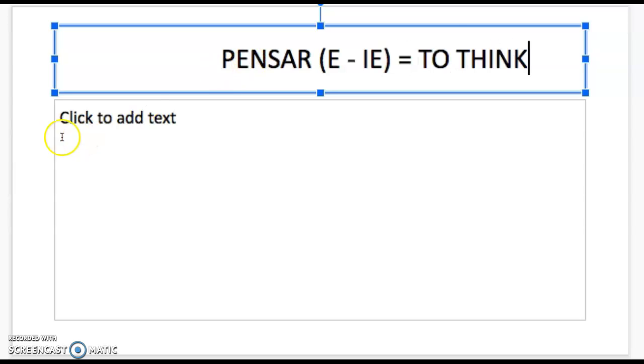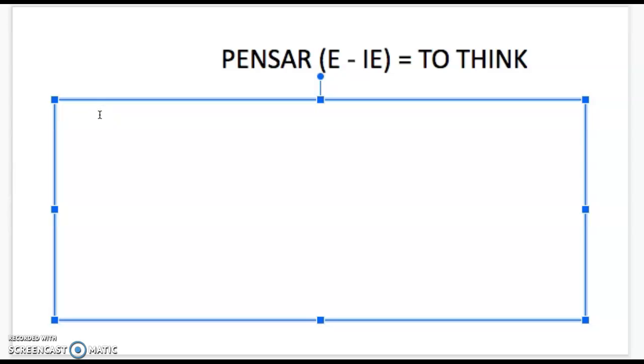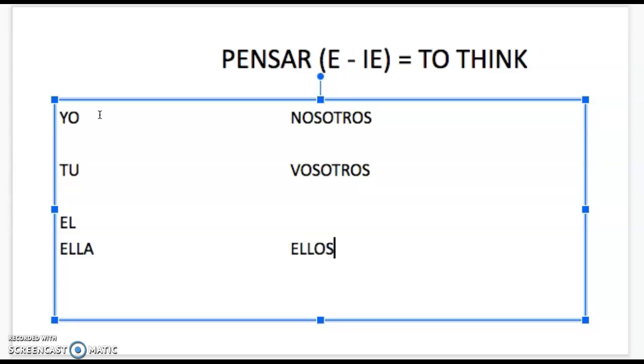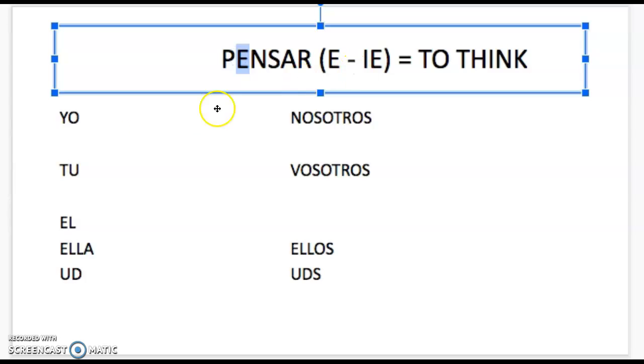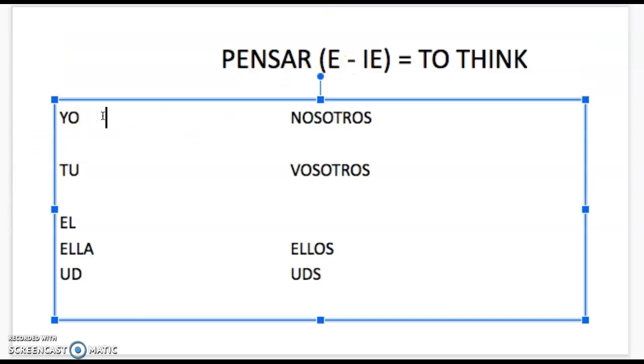If you're a pensive person, you think a lot. So I have my subjects. Inside the boot, I'm going to change this E to an IE. So now my stem is P-I-E-N-S.